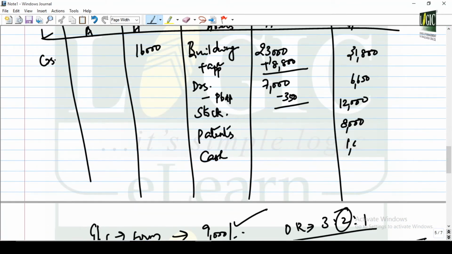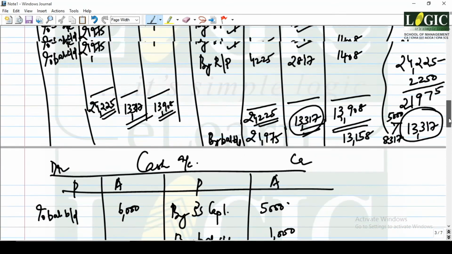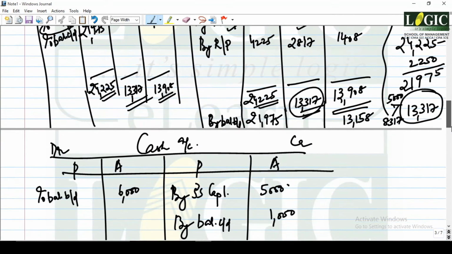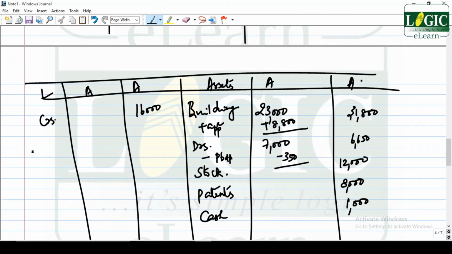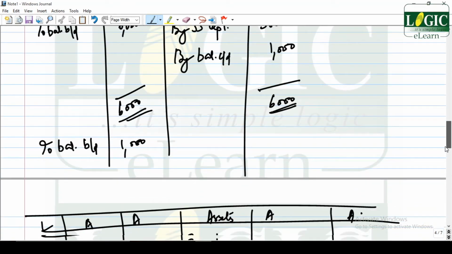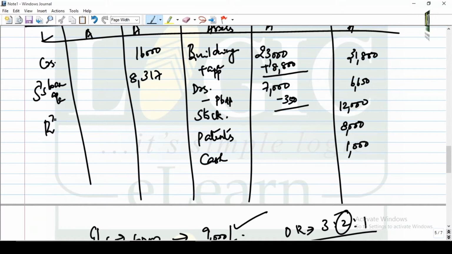How much? 1,000. Now there is another item, loan. This is a liability. Until and unless 8,317 is paid to S, it is a liability. So all liabilities should come on the liability side. S's loan account, how much? 8,317. Now these two people have a balance that is to be shown on the liability side, that is R's capital account and M's capital account.